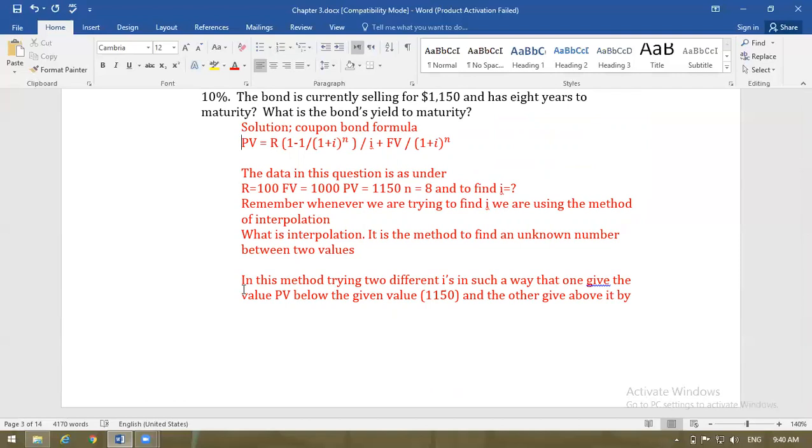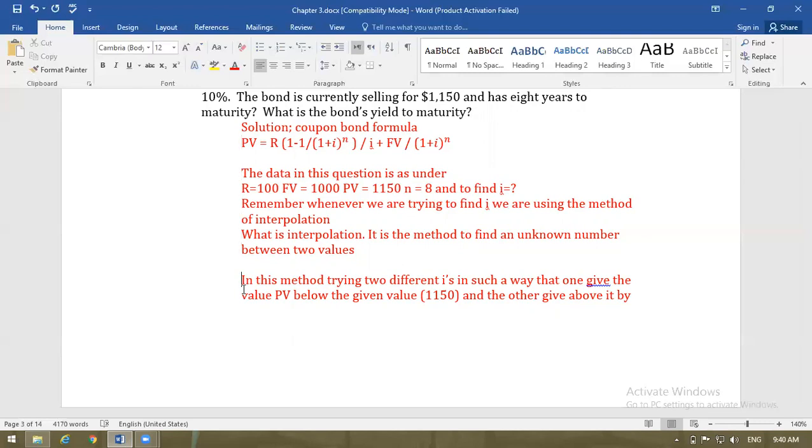So we find two present values for this bond on the basis of some arbitrary interest rates, where one value must be lower than 1150 and the second greater than 1150.